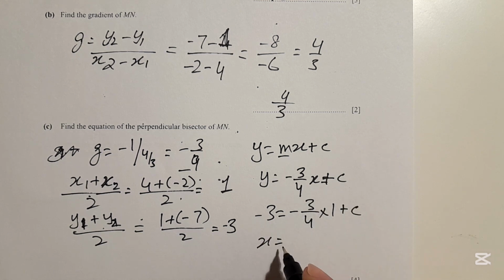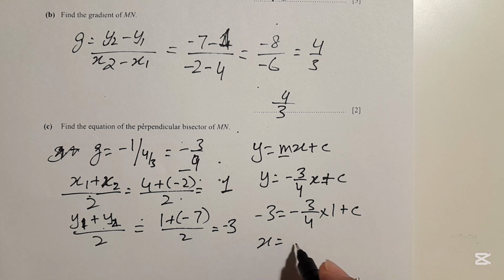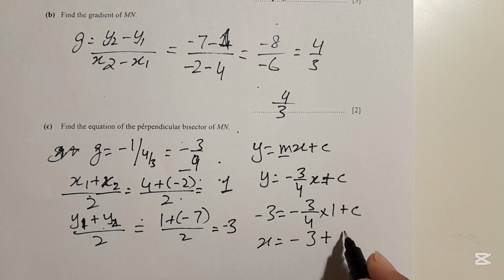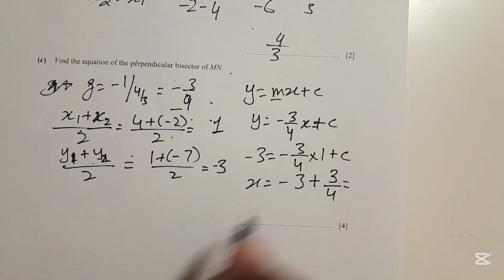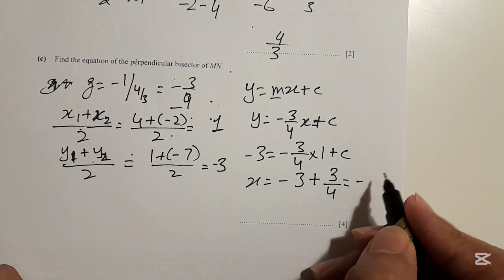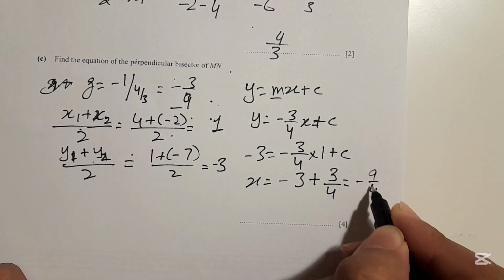So c is equal to minus 3 plus 3 over 4. So minus 3 plus 3 over 4, that is minus 9 over 4. So minus 9 over 4 will be the value of c.